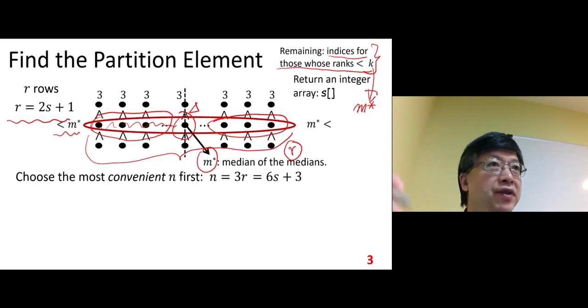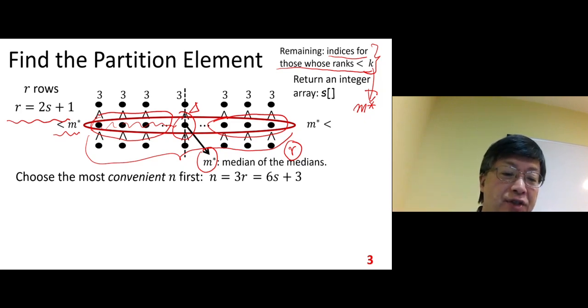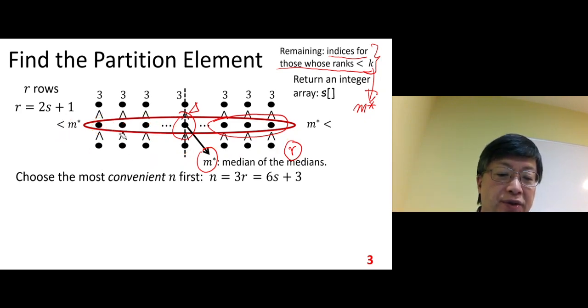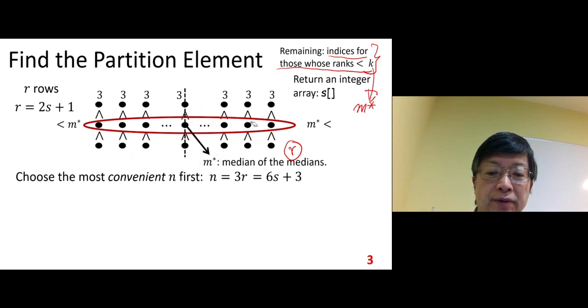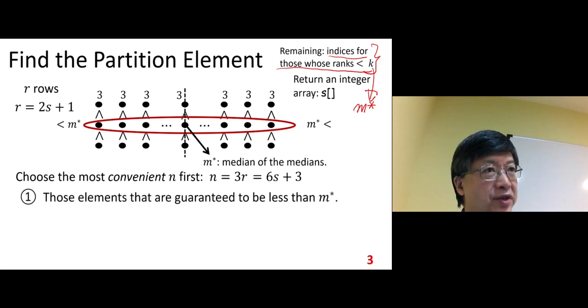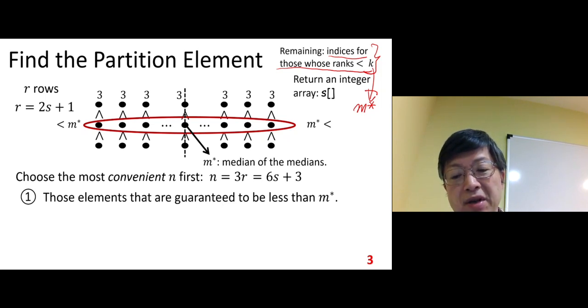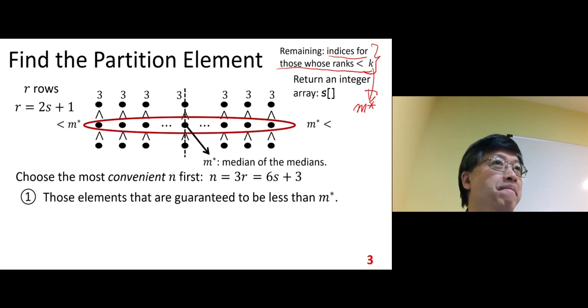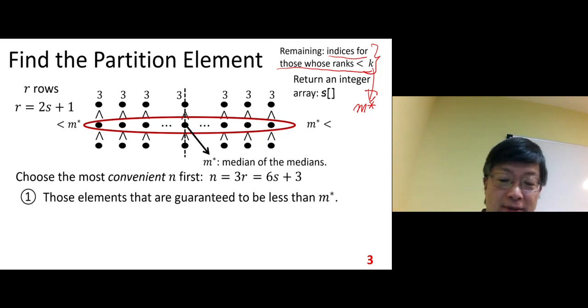All right, so after this, we want to do further analysis here. So next, the first question: we want to find those elements that are guaranteed to be less than M star. Guaranteed. This requirement is very important.